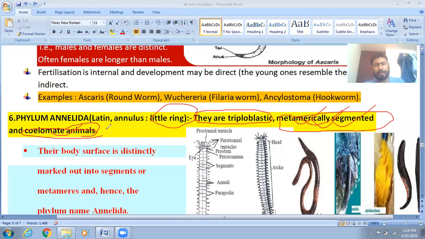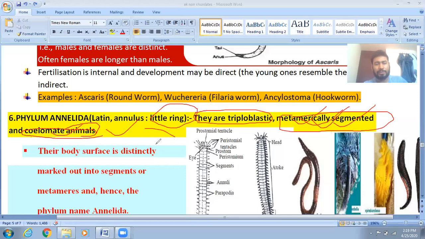So here they have which type of coelom? They have schizocoelic coelom. From Annelida, Arthropoda, Mollusca they have schizocoelic coelom, and after that they have enterocoelic coelom.